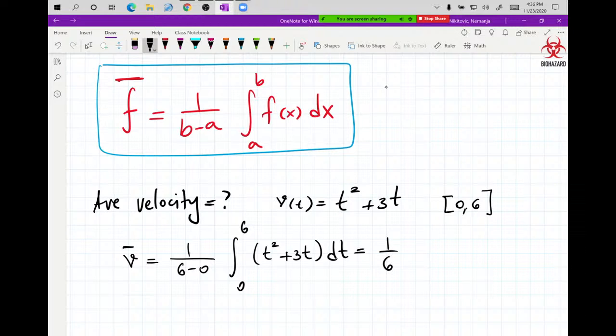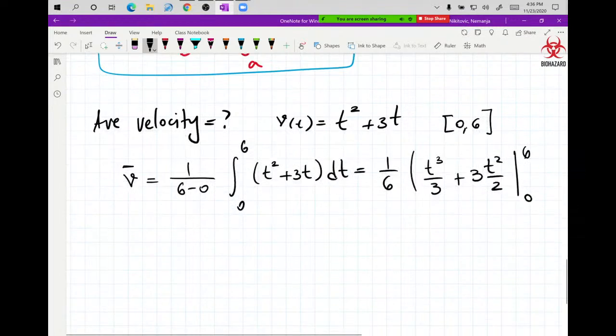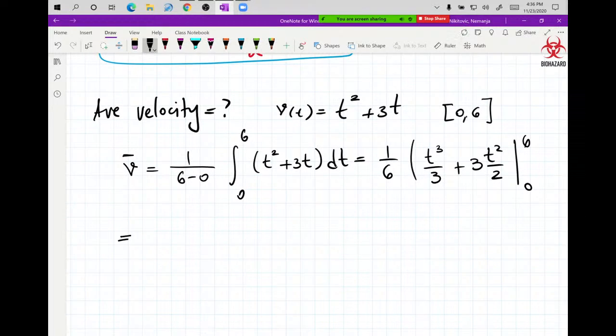So it's going to be 1 over 6, and now I have t cubed over 3 plus 3 times t squared over 2, computed from 0 to 6. So all I did is I plugged everything in and then integrated each one of these parts, and plug in 6 everywhere and 0 will cancel.